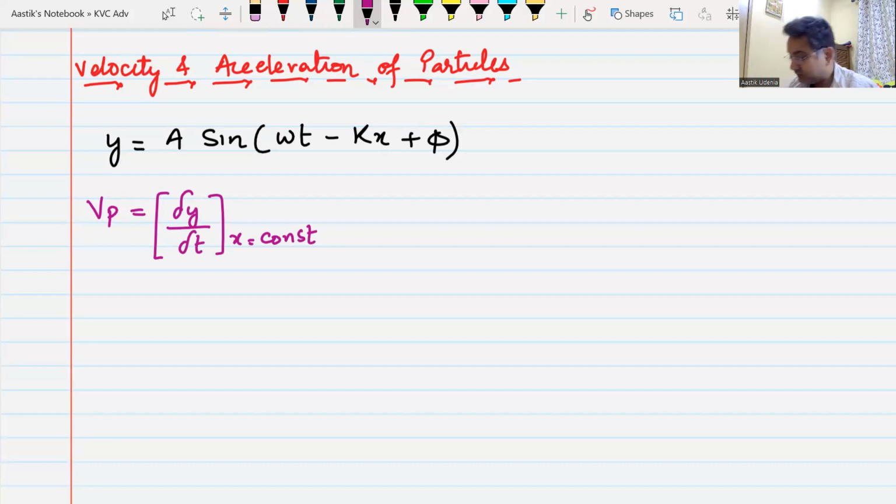What is the partial derivative of this with respect to t? x is constant. You have done differentiation, yes or no?